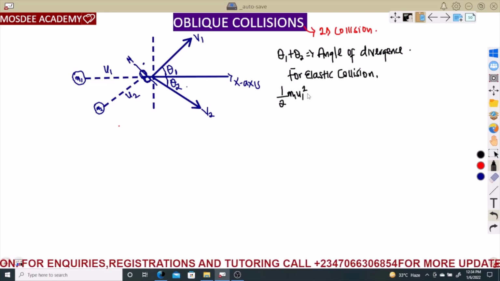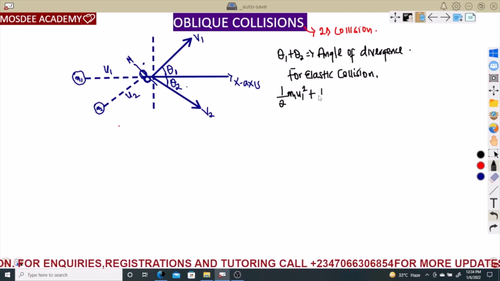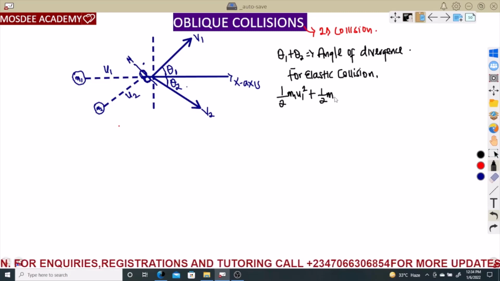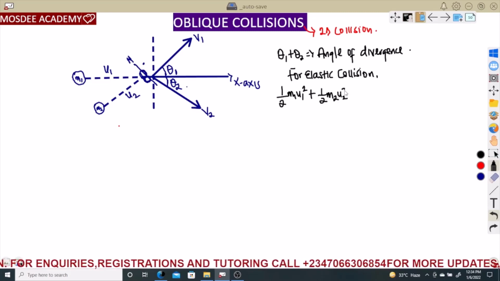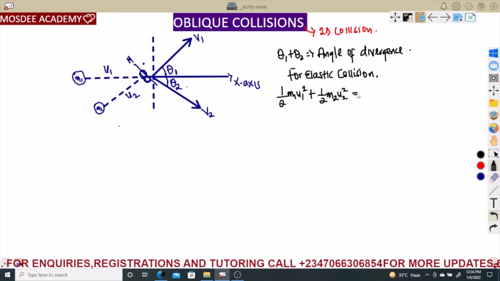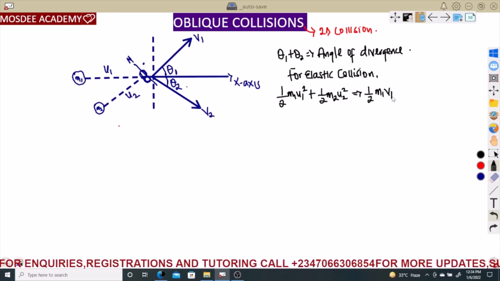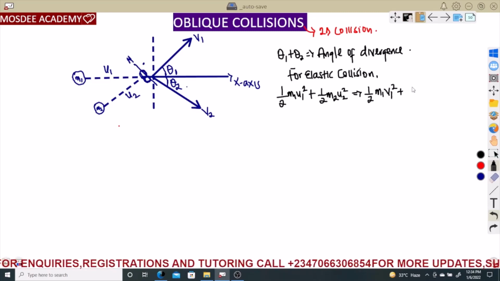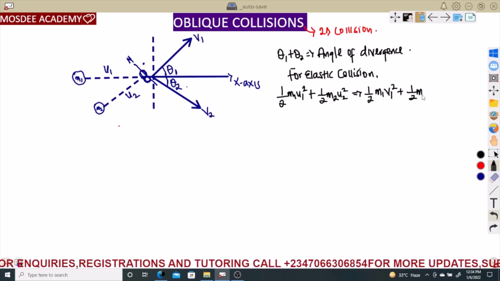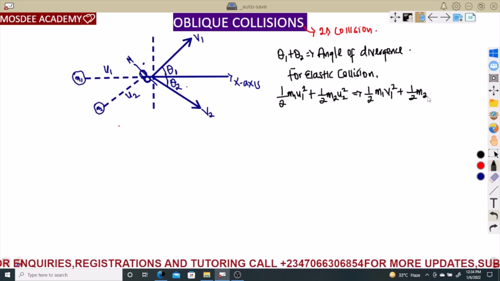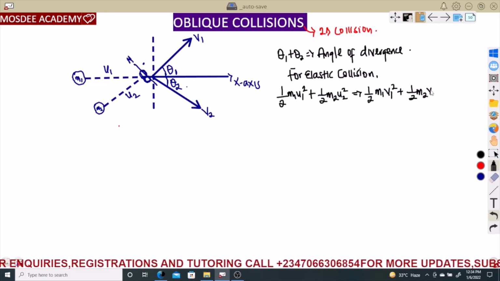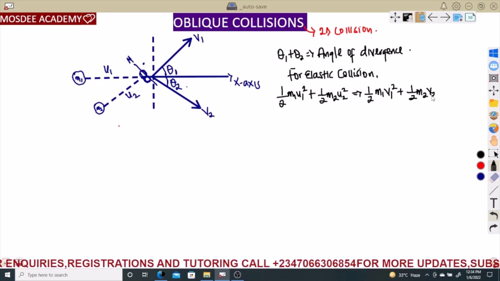Half mv square is kinetic energy, for those who don't know. Plus half m2 u2 square must equal half m1 v1 square plus half m2 v2 square.